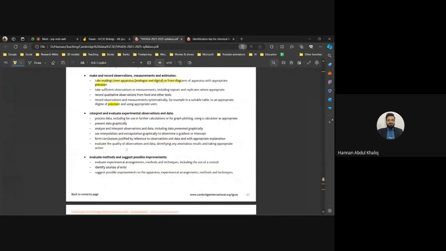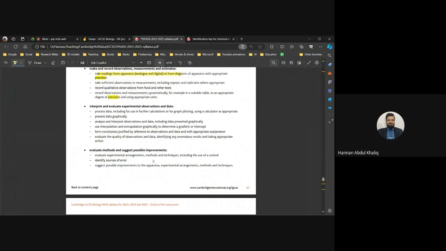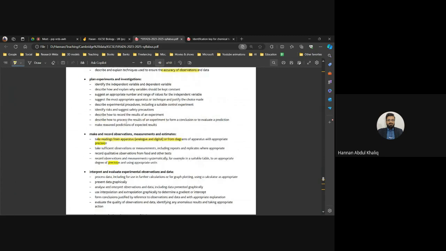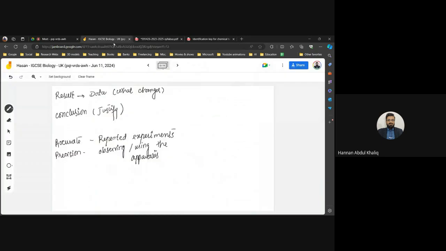So for accuracy, they may ask you how can you make your experiment more accurate? Obviously, one of the most important things is to repeat your experiments.